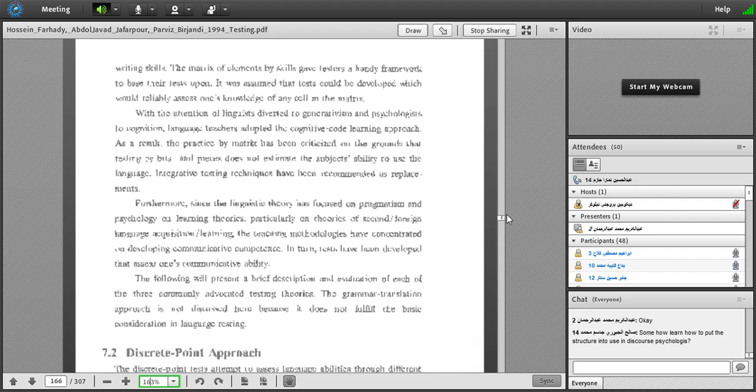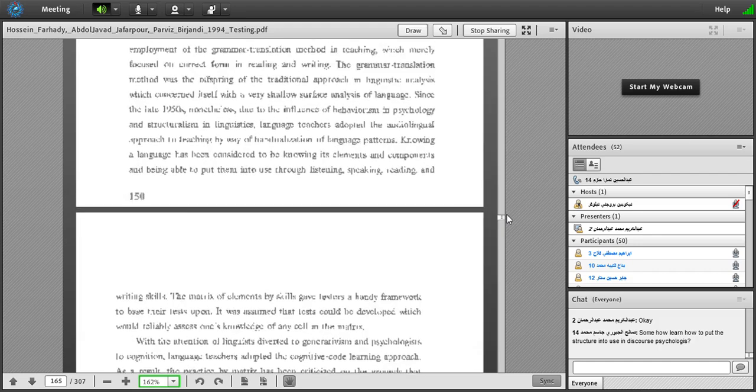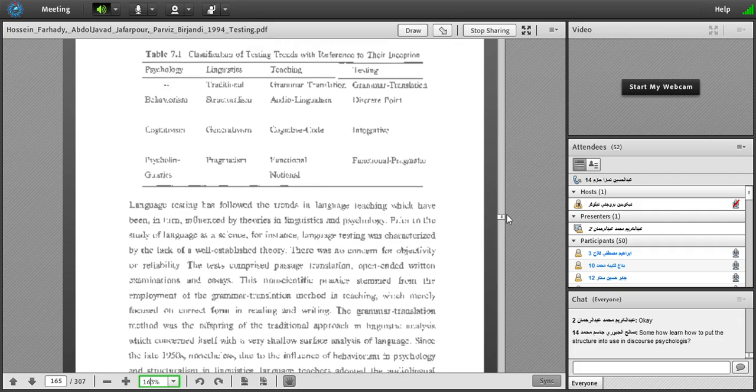Integrative approach is defined as a test which focuses on two or more language elements. This approach is about putting many language skills together to complete the testing, for example writing an essay, listening, and so on.